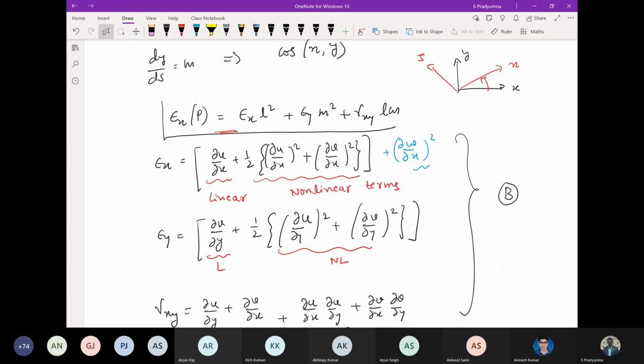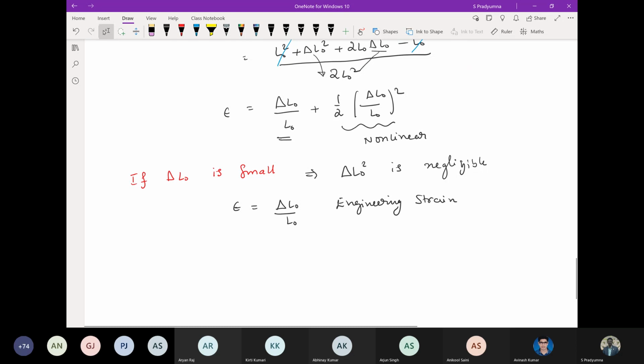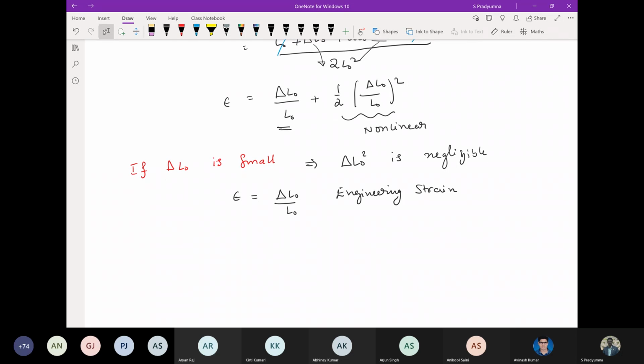So even if you ignore them, you will not lose any accuracy. Therefore, you can easily predict the stress strain behavior or the strain in the system by considering only the linear strain for small displacements.